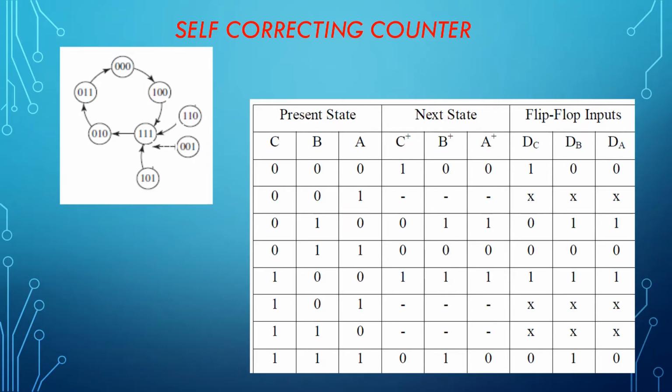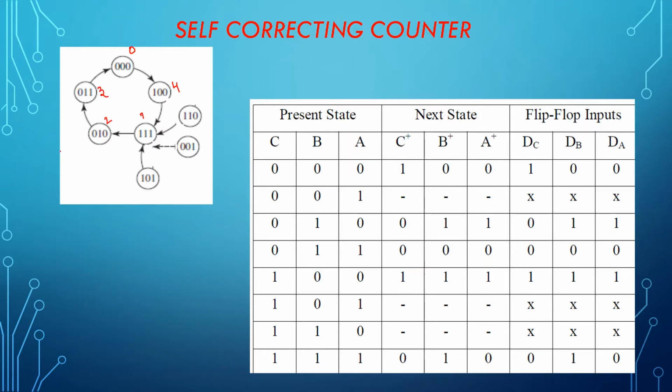Self-correcting counters are those counters which will not show the sequences for which you have not designed the counter. For example, let us say that I have designed a counter which will be counting 0, 4, 7, 2, and 3.